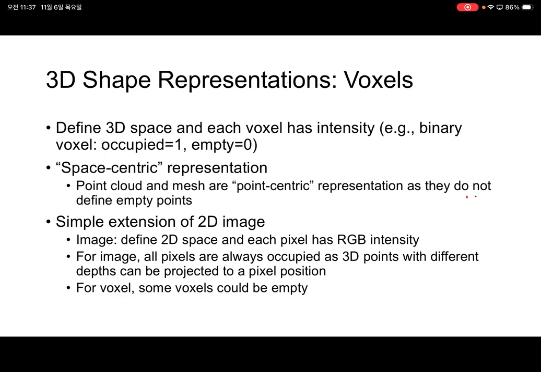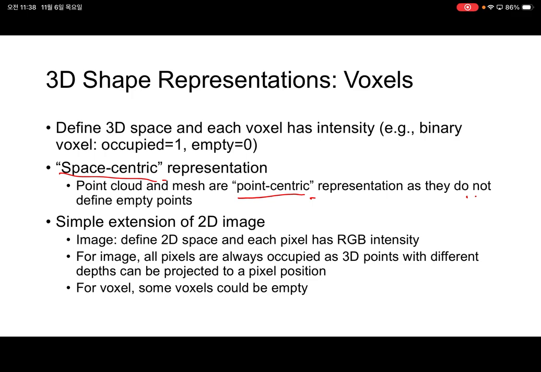If it is not, it's just empty, we can set it as empty. So we first need to define space and then fill voxels. But mesh and point cloud do not define space. They just define points on the surface, right? So voxel is a space-centric implementation, a little bit different. Point cloud and mesh are point-centric implementations because they are only interested in the surface of the object.